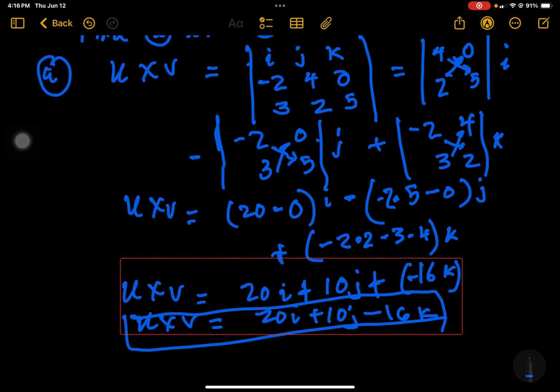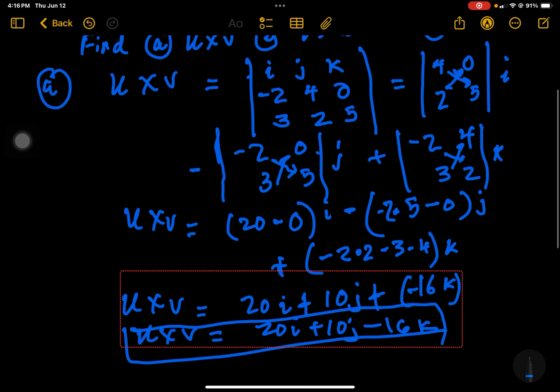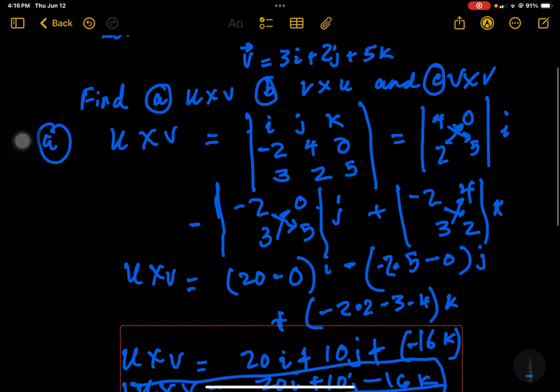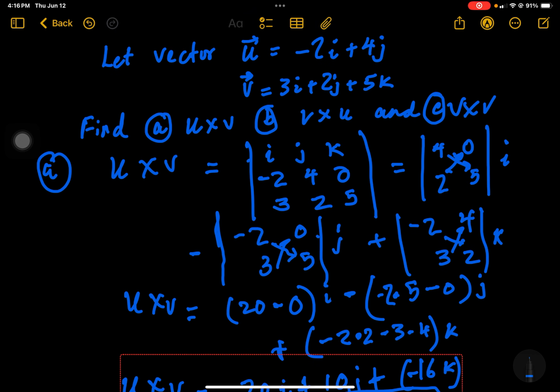Okay. Any questions so far? Basically, I am finding the determinant of i, j, k and the x, y, z components of vector u and vector v. Vector u is written at the top and then vector v is below it. Then you do it pairwise: first row, first column gone, you're left with the i component.